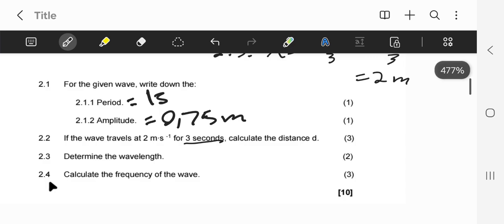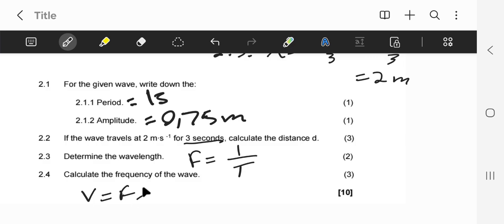The next question, which is 2.4, says calculate the frequency of the wave. How do we calculate the frequency of the wave? We calculate frequency by using this formula, f is equal to 1 over T, or we can use the formula v is equal to f multiplied by lambda. Any of these two formulas will help us to find the frequency. Let's start with this one. We are now doing 2.4, right?